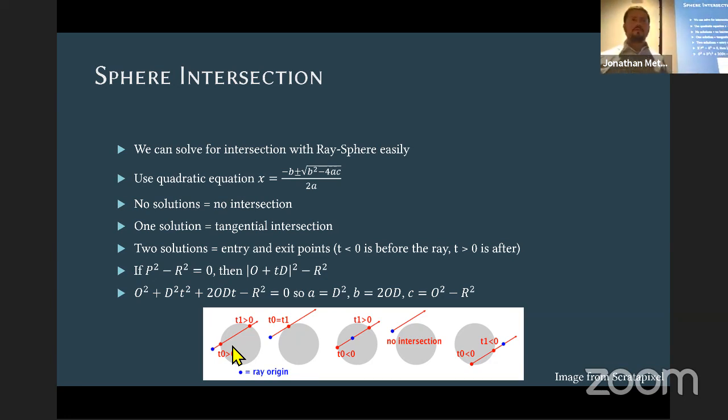If your T comes back less than 0, then you know that it's behind you. And if your T is greater than 0, you know it's ahead of you. So your closest hit would then be the second T that you get. If you get no solutions, in other words, if the discriminant is less than 0, you know that you have no intersection with the sphere. And the last case is that the object is behind you, so both your T values are less than 0.